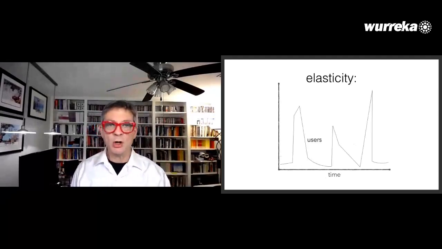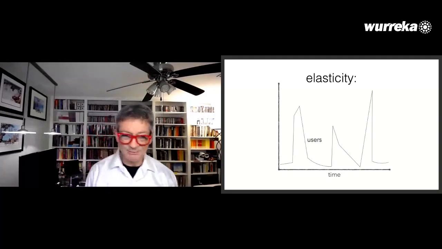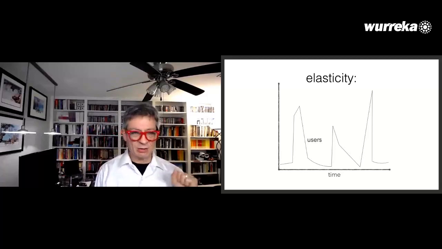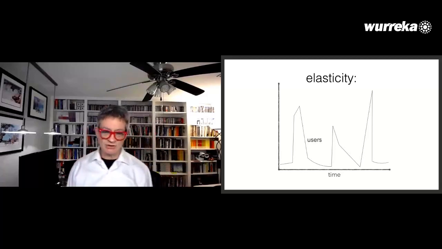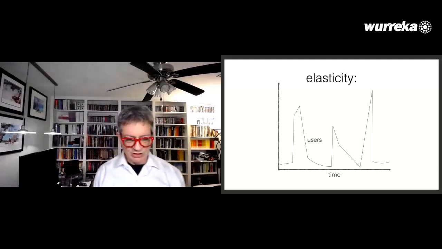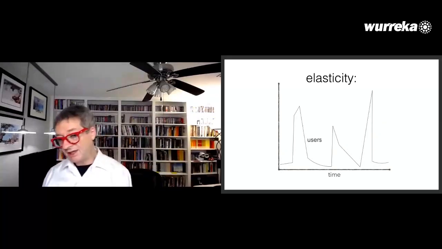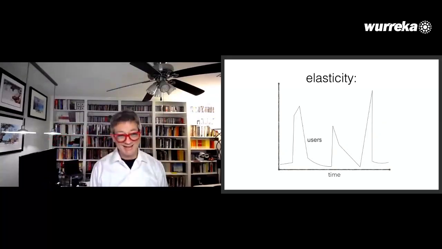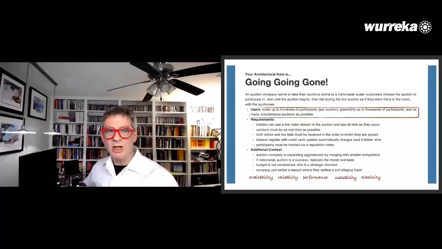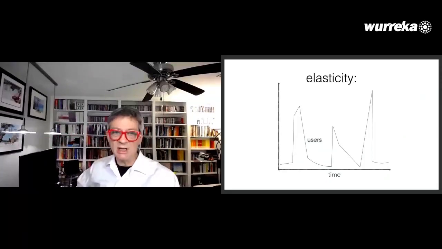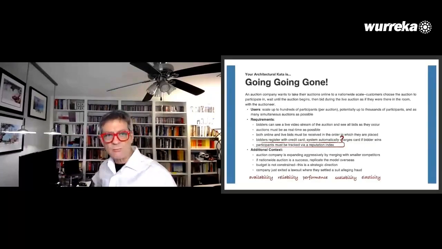And so you also need elasticity. This is the ability to handle bursts of users all at one time. This is a subset of scalability. So some systems can be scalable but not necessarily elastic, but some need elasticity as well. And that's exactly what we're seeing here: we need both scalability and elasticity for this solution.